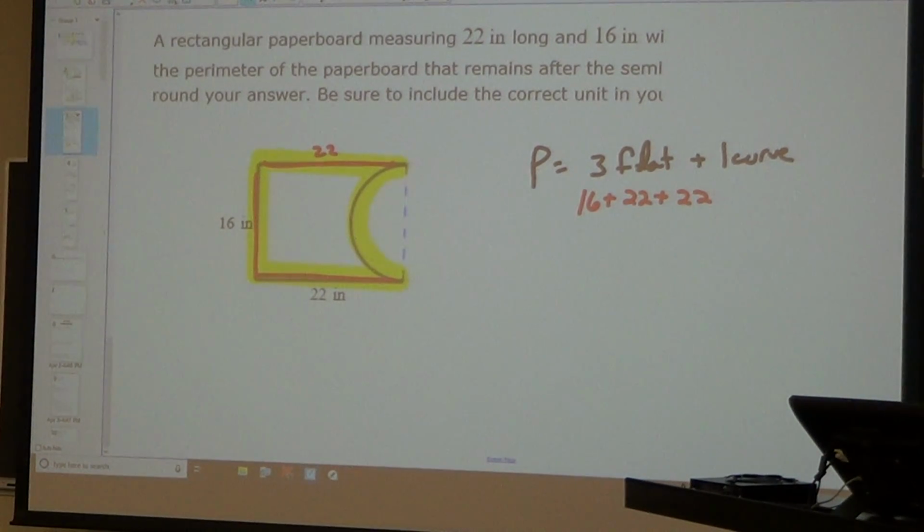Now, my curved side is the one that requires a little bit of work. I have to realize that my curved side is going to be half of a circle. So, I'm going to do the circumference. What is the diameter of that circle? 16. So, it's going to be 3.14 times 16. Do I need the whole circle?